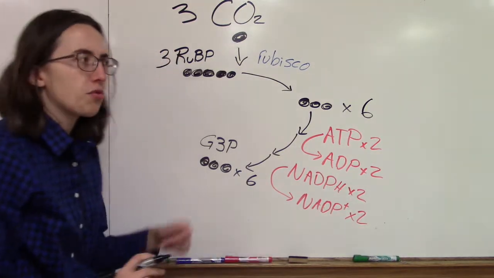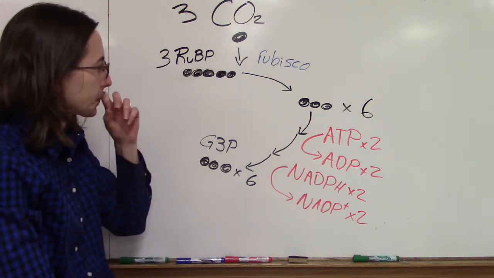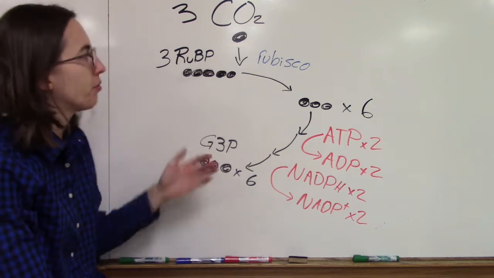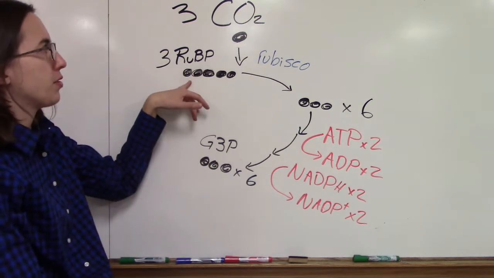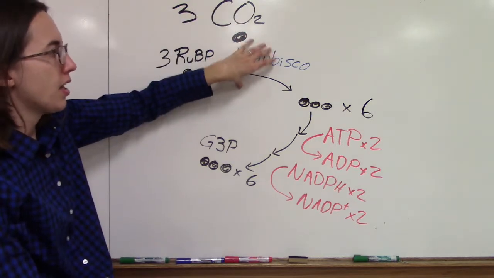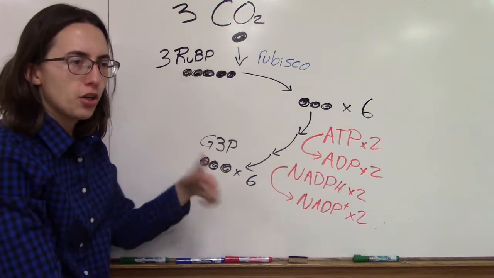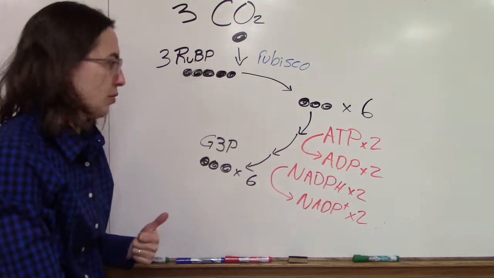So we've got sort of 3 turns, or 3 half turns of the cycle. Let's make sure that everything is accounted for. We have 3 times 5 is 15, plus 3 is 18 carbons going in, and we have 3 times 6 is 18 carbons coming out. Great, haven't lost any carbons, that's what we care about.